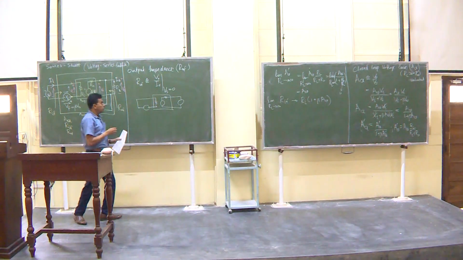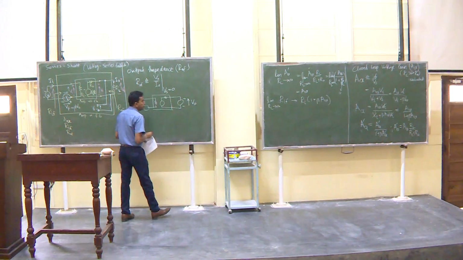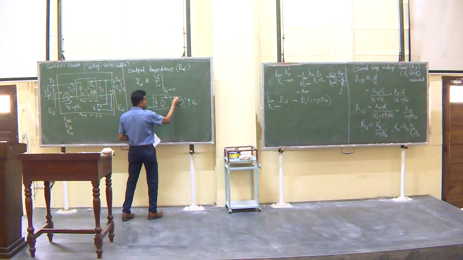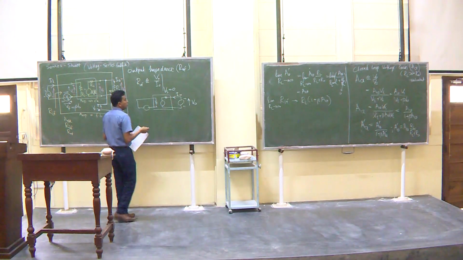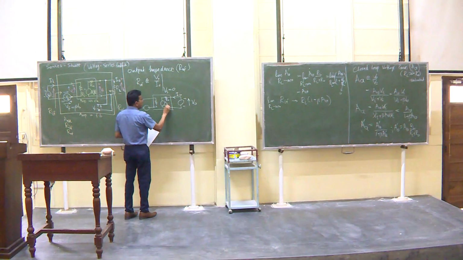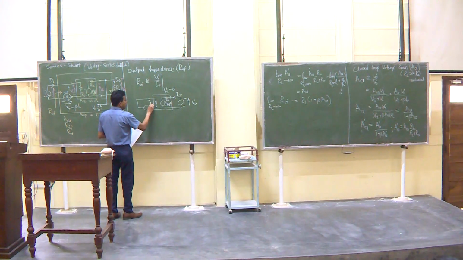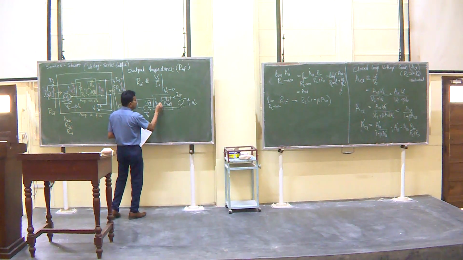Okay. So this one is V out, and the current now will be going into this, I out. This is R out, this is AV times Vi, this is Vi, this is Vf, Ri.